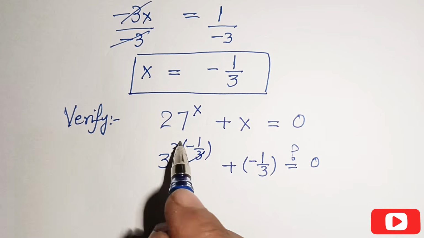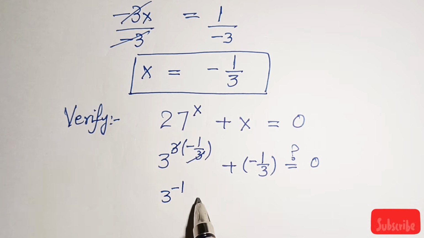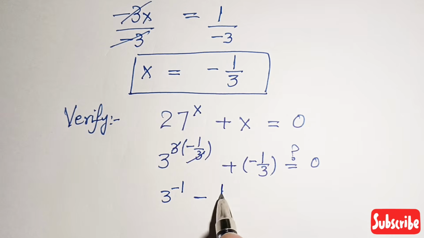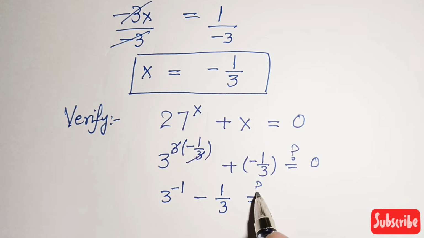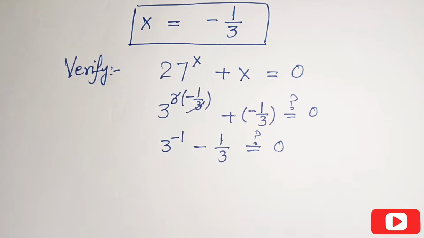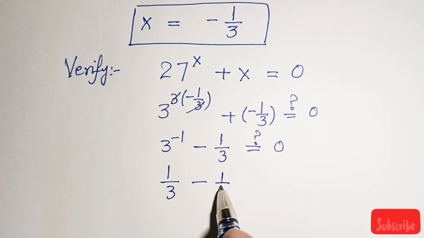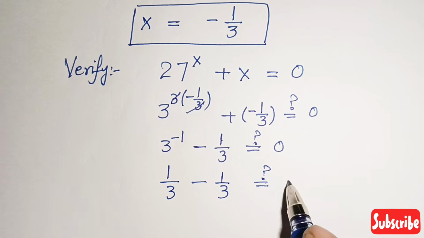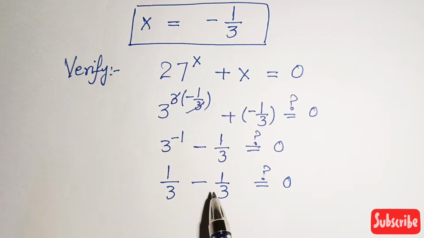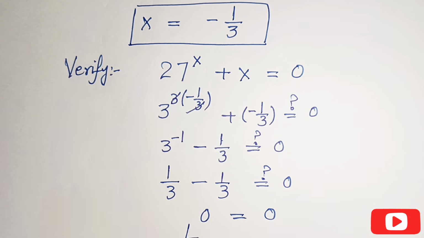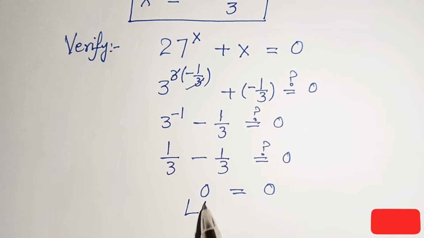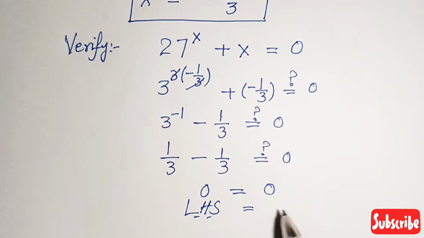Now this 3 is cancelled out, we get 3 to the power minus 1, and here plus times minus is minus 1 over 3, is it equal to 0. So 3 to the power minus 1 can also be written as 1 over 3 minus 1 over 3, is it equal to 0. So yes, this positive and negative is cancelled out with each other, we get 0. So 0 is equal to 0. Our left hand side of this equation is equal to right hand side.